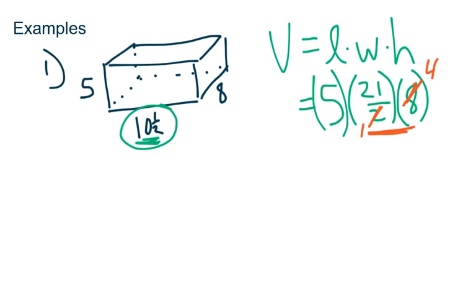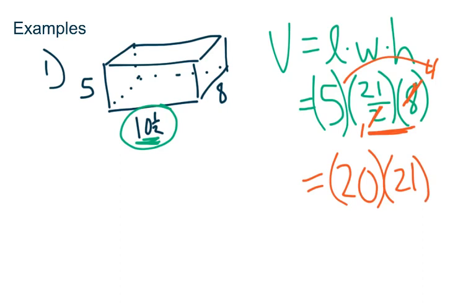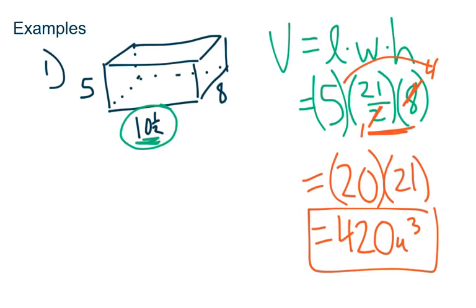To make my life maybe a little bit easier, I'll do 5 times 4, which is 20, and then I'm left with that 21 up there. Multiply these together, and we get 420 units cubed. And that is the volume of this thing.